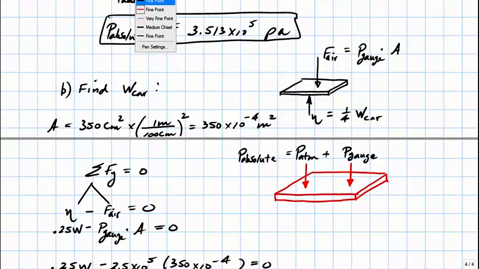Therefore, the atmosphere is exposing atmospheric pressure to the underside. And the effect of this pressure results in the cancellation of the two atmospheric pressure components. And therefore, if we cancel these two arrows, the resulting arrow is just the gauge pressure, which is why we used it in our free body diagram.